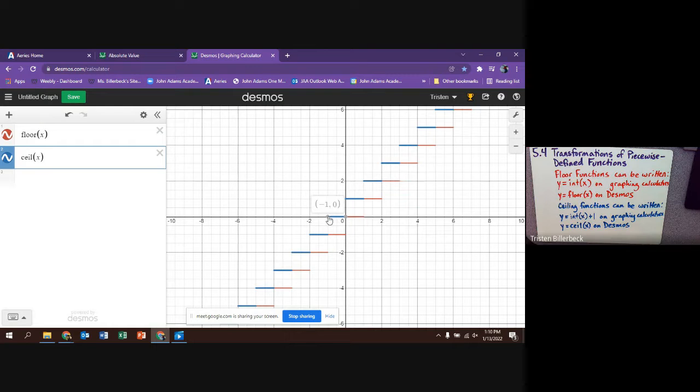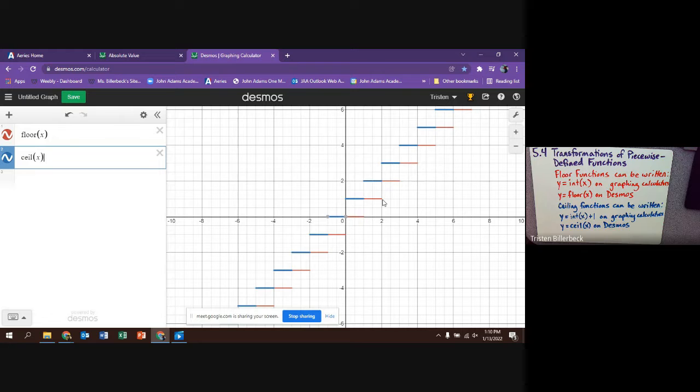So it's rounding from -1 to 0. The -1 would not be included here, but 0 is. The -2 would not be included, but the 1 would be, as opposed to the floor function, which would be included on the red, and then this point here would not be included.